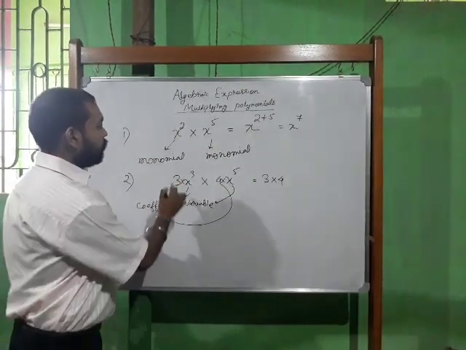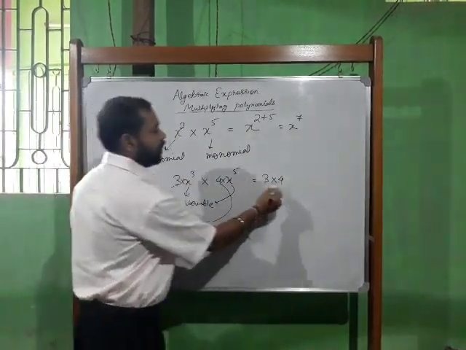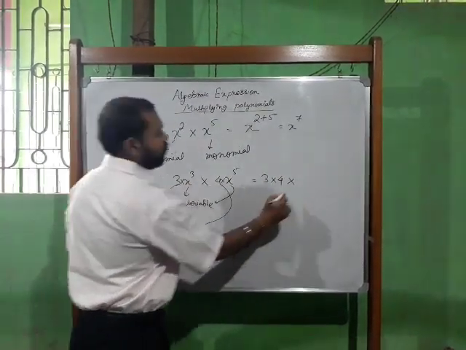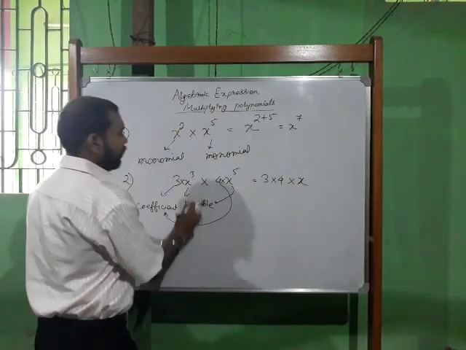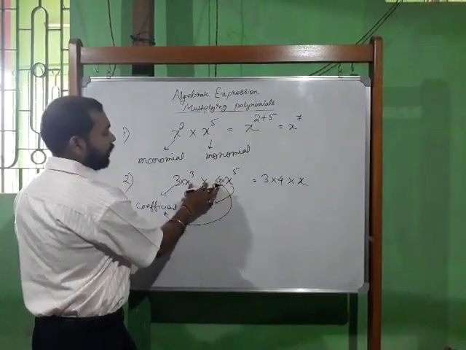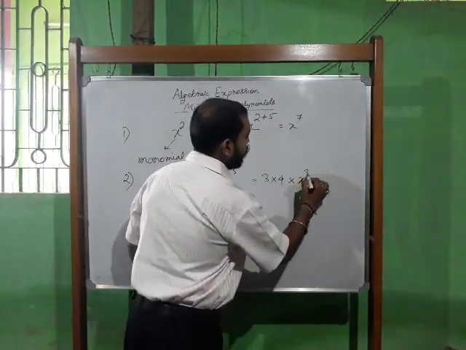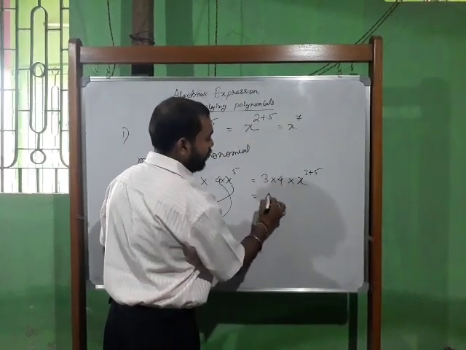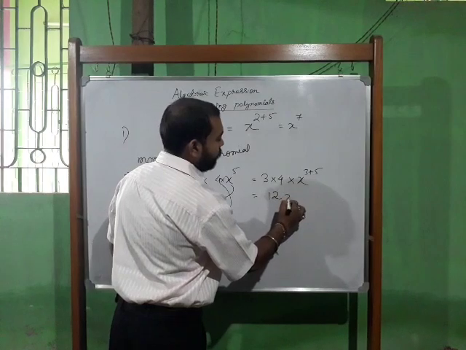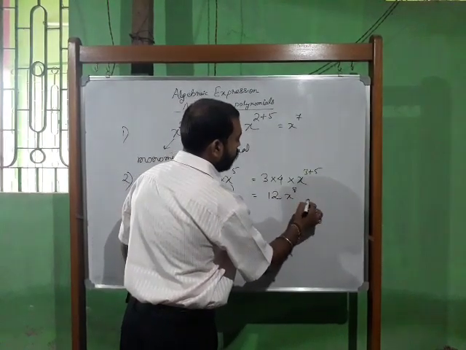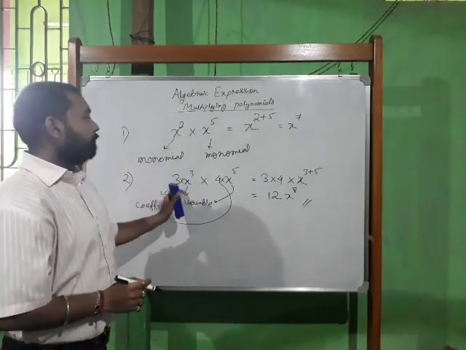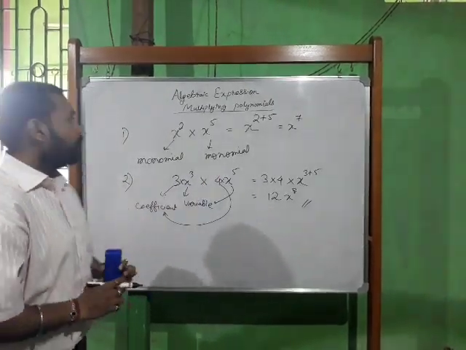So we multiply 3 into 4, then use the exponent rule, so it will be x. Since the bases are the same, the powers will be added, so 3 plus 5. 3 into 4 is 12 and it will be x to the power 8, so this is the answer. In this way we will be multiplying monomial with monomial.